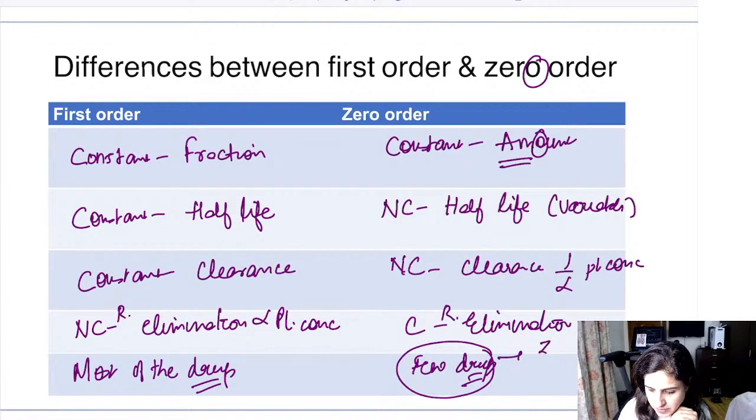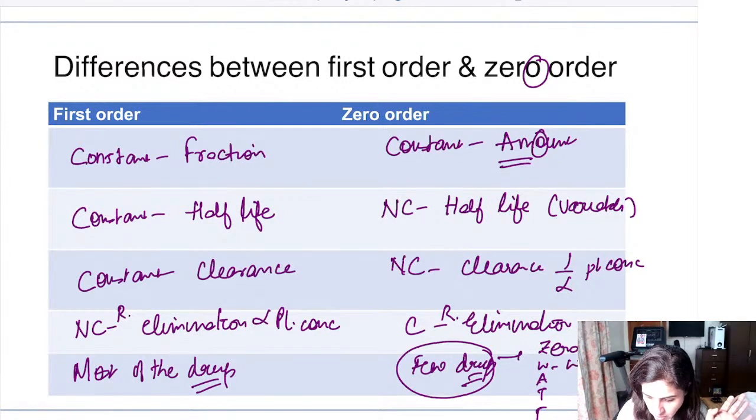And you can remember this by 0 watt power. 0 watt power is the mnemonic to remember drugs which follow the zero order kinetics. Okay? So W is for warfarin. A is for alcohol. Then most important is tolbutamide here. Tolbutamide you can remember here.